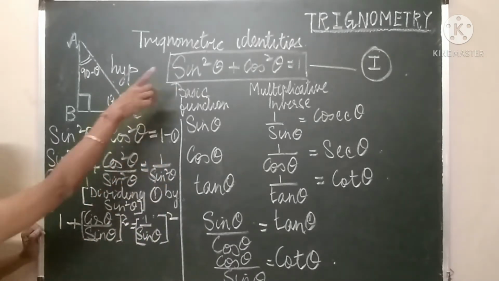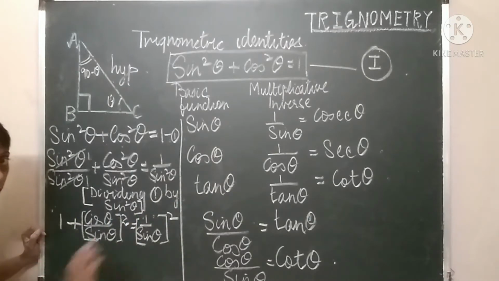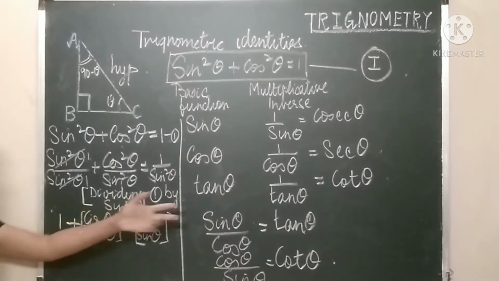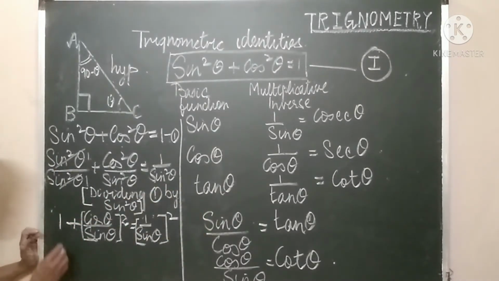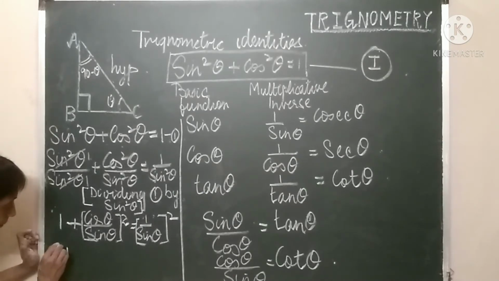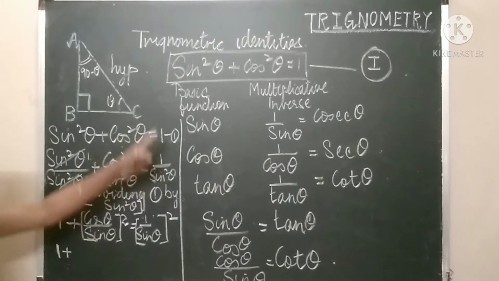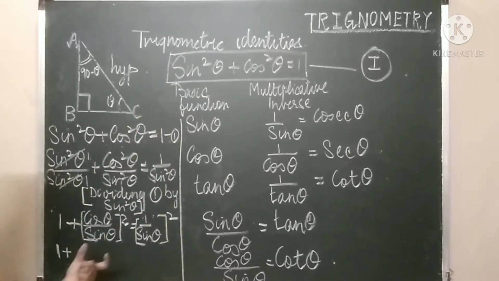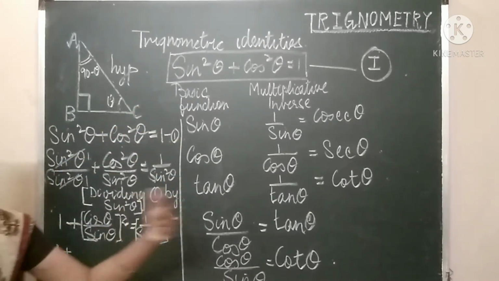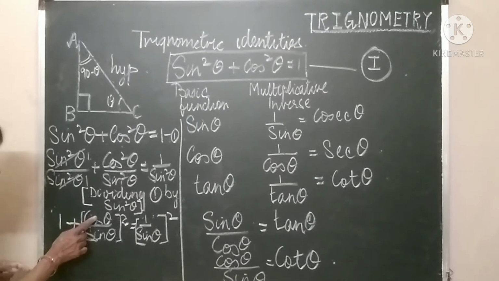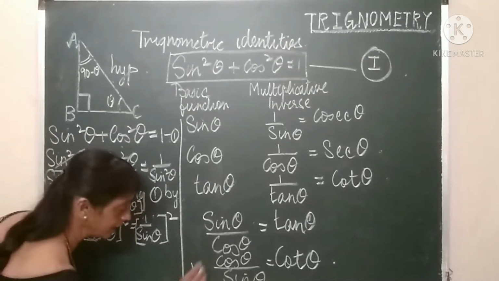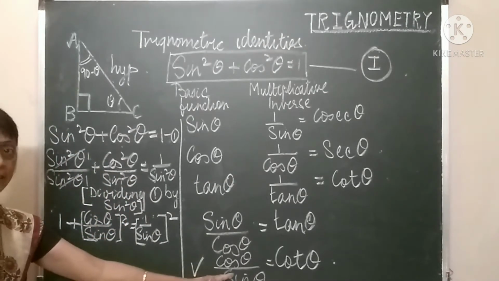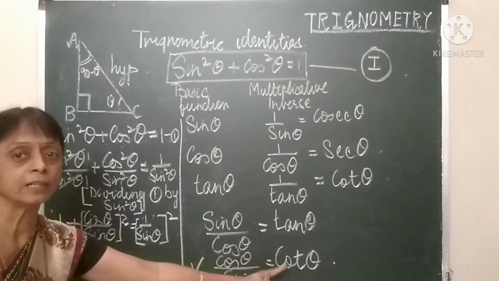Now let's substitute by comparing with the basic functions and their inverses. So 1 plus cos theta upon sine theta. Do we have a term here that can be substituted? Definitely, cos theta upon sine theta is cot theta.